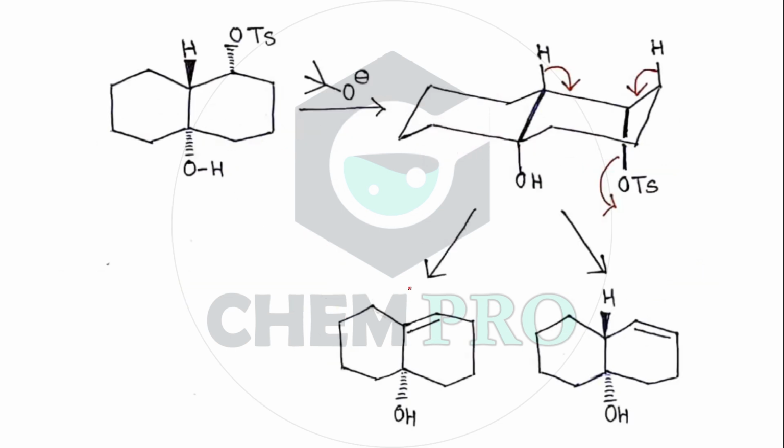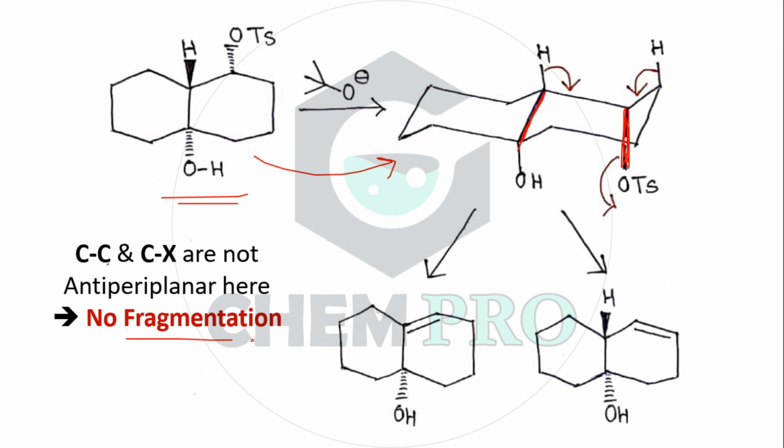So here is an example. This is a trans-decalin system and we use tertiary butoxide as base. If we write this structure in a chair form, we can easily see that the C-C bond and the C-X bond are not anti-periplanar, they are syn to each other. So here no fragmentation will occur.